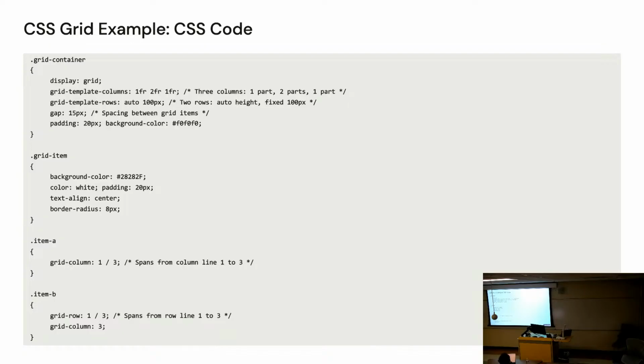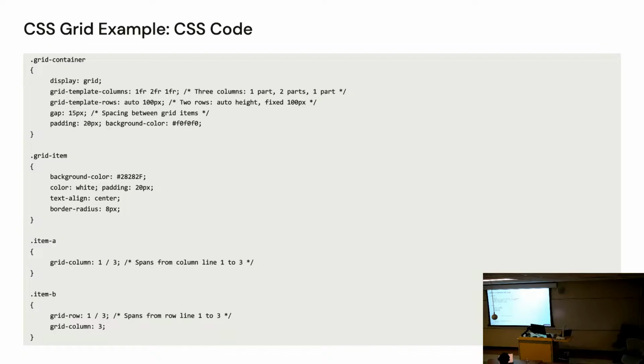When we do grid column 1/3, we're basically saying we want to go to the first column. So first column would be here, and we want to extend it to the third column.